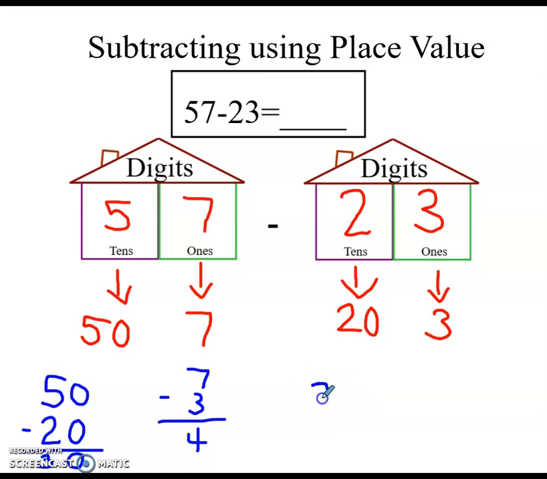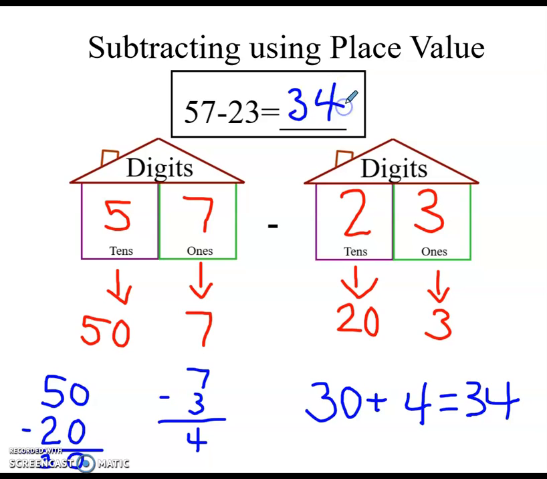So we're going to do 30 plus 4. Remember, we've got our groups of 10 and our groups of ones, and we need to combine them. So 30 plus 4 is 34. Okay? So our answer is 34.